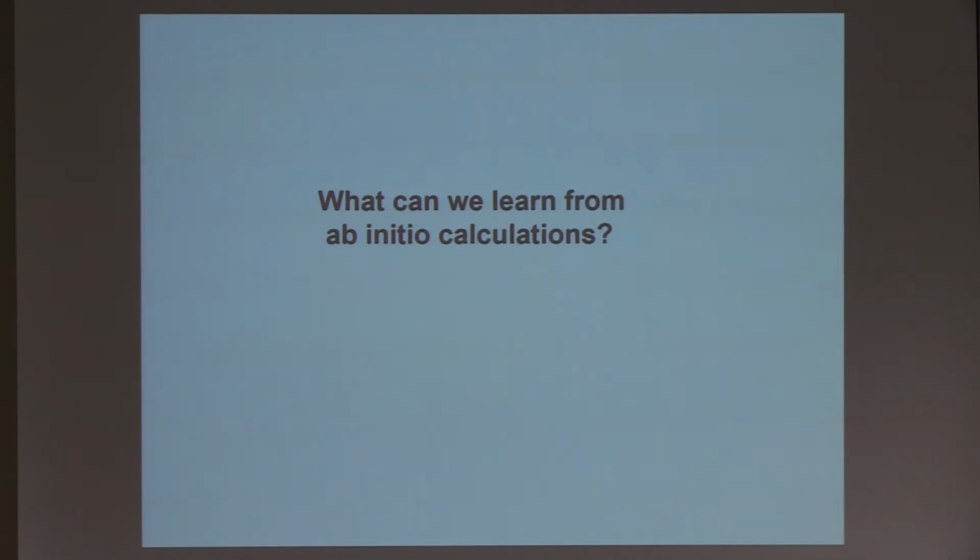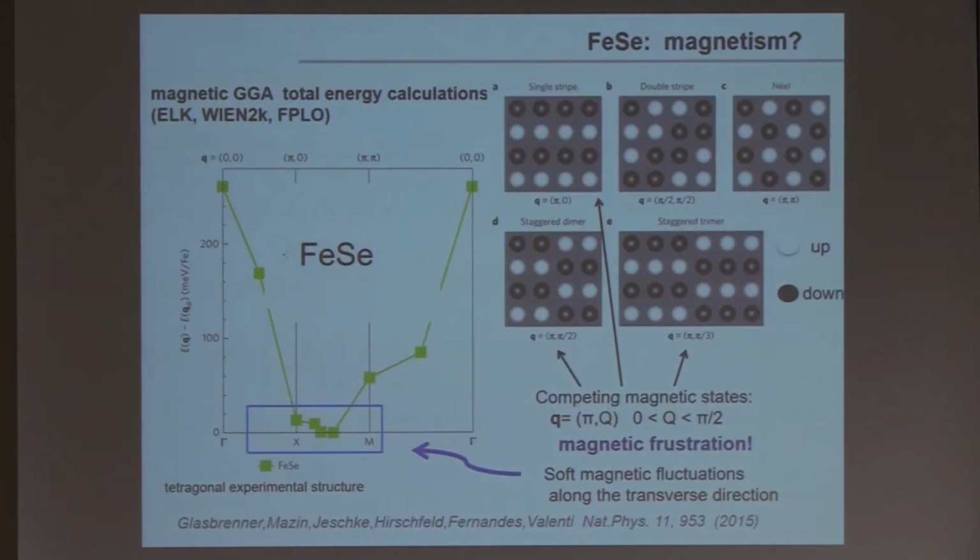nematic state. Of course, a DFT calculation doesn't include the fluctuations that we need for nematicity. But what we can analyze is different magnetic states and see which are the energies of these magnetic states, whether there is some degeneracy of magnetic states. So what we found for iron-selenium is this is our stripe phase.